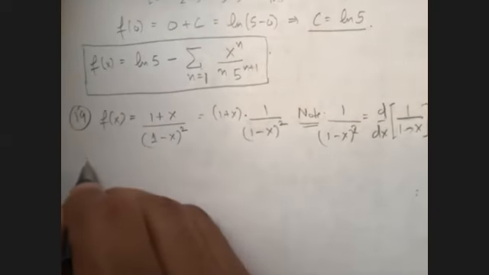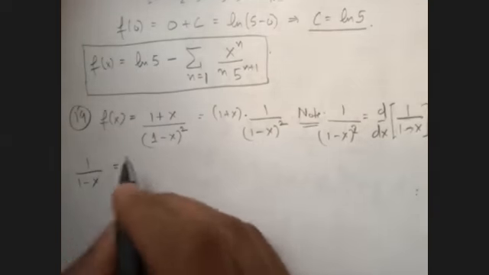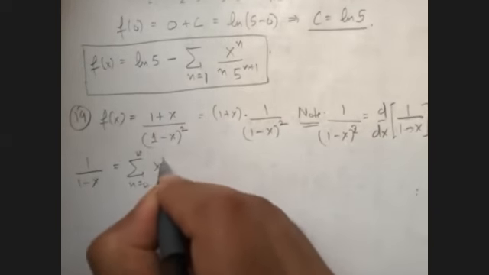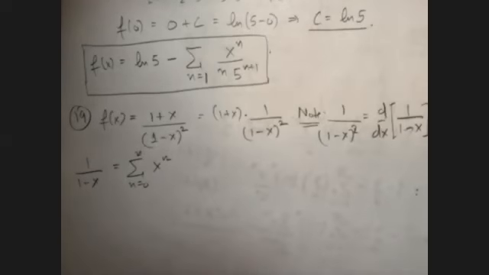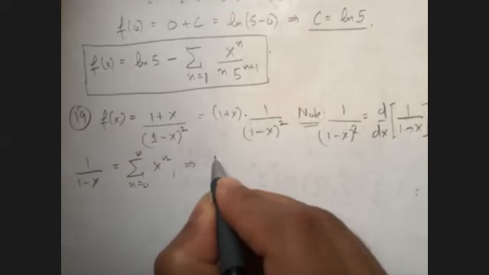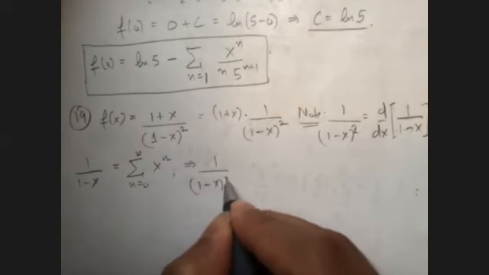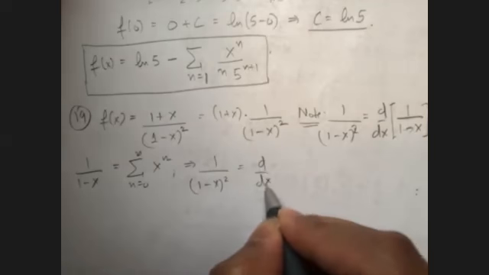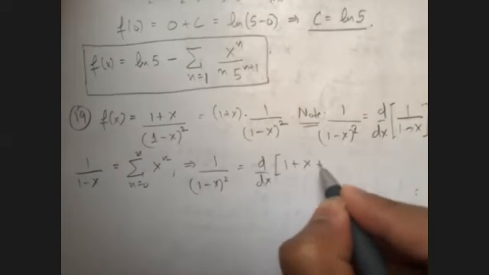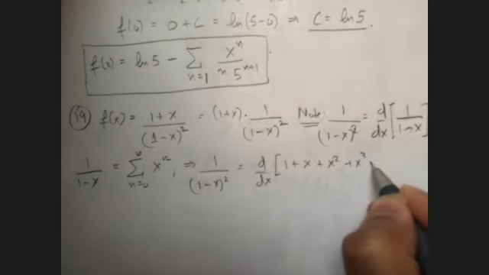So we know 1 over 1 minus x is 1 plus x plus x squared plus x cube and so on. This means 1 over 1 minus x squared is d by dx of 1 plus x plus x squared plus x cube, and so on.